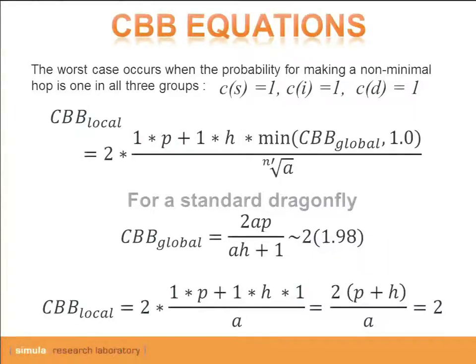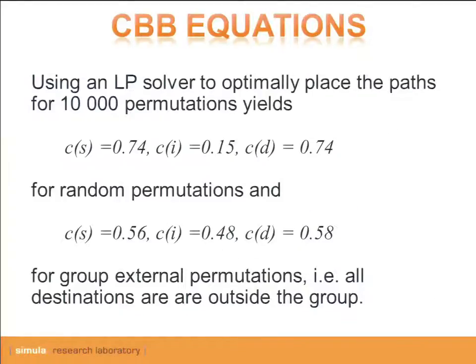Next, we put a number of permutation patterns through an LP solver to try to place them in the topology. So we generated 10,000 permutations of pairs, generated all possible paths with minimal and non-minimal routing, and tried to minimize the maximum load on every channel in the network.